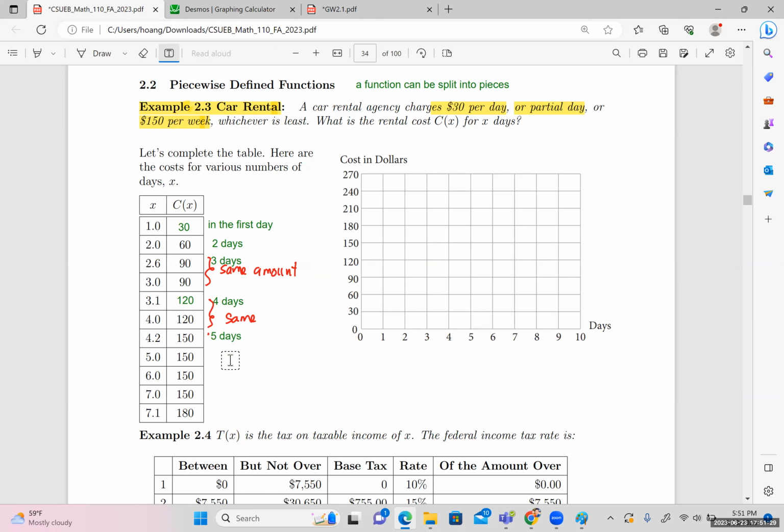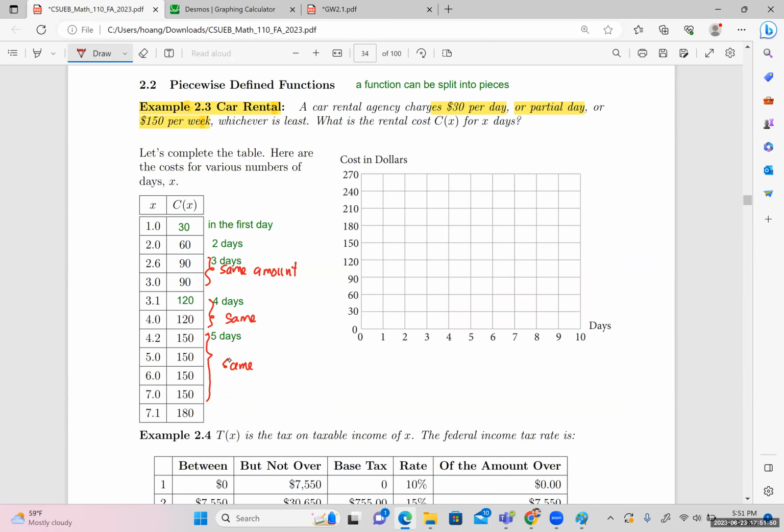So the 5 days rental price will be the same as for the whole week, seven days. Same amount, $150.